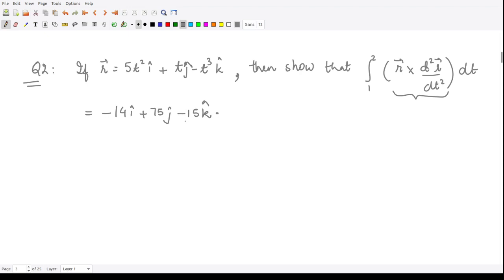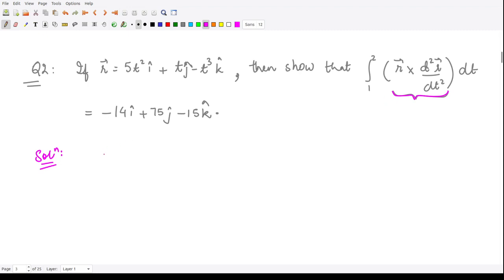Okay, so here in order to solve this question, we are to integrate this particular vector. Now again, if we are able to find this vector as equal to the derivative of some other vector, then it would be very easy to calculate its integration.